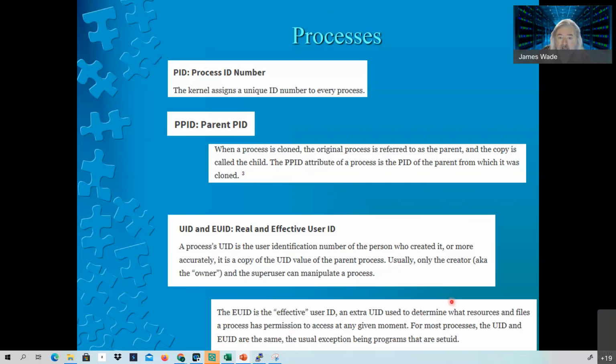Well, if you set the UID and GID to something else, that modifies the effective user ID. It allows us to take a process, and although that process may be owned by Jay Wade, it is effectively running as root because we did a set GID, set group ID, or set UID.